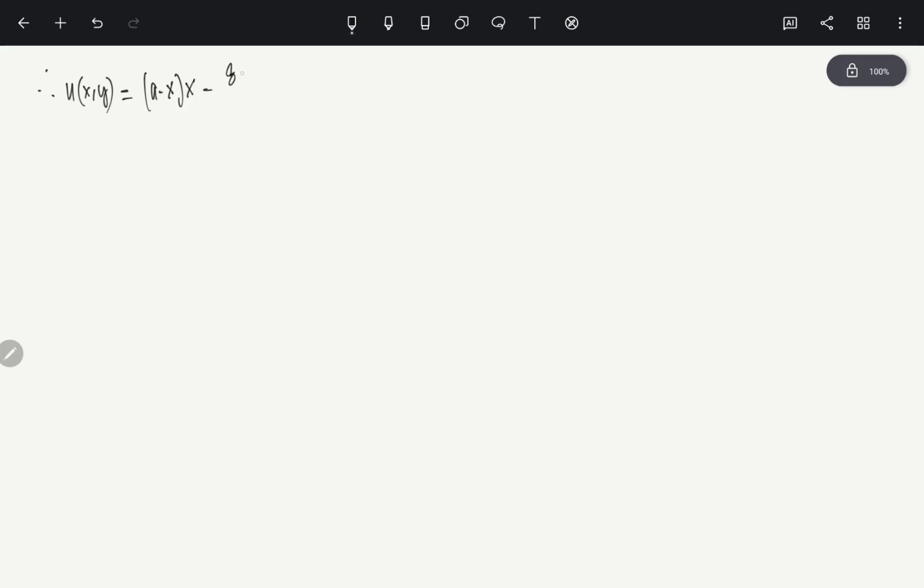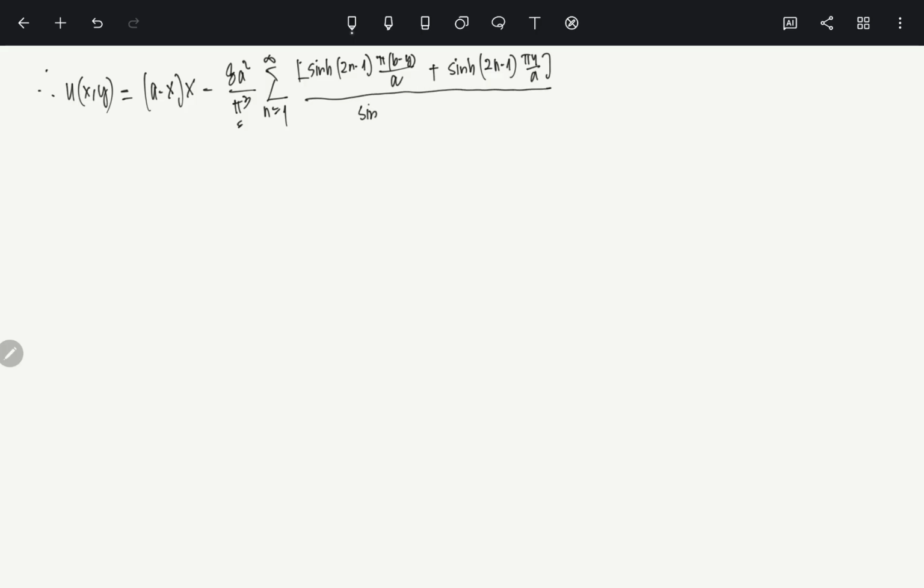Essentially it will look like 8 a square by pi cube, and then you have the sum n equals 1 to infinity of sine hyperbolic 2n minus 1 pi b minus y by a plus sine hyperbolic 2n minus 1 pi y by a, by sine hyperbolic 2n minus 1 pi b by a, times sine of 2n minus 1 pi x by a, by 2n minus 1 cube. You remember for n odd we have this, otherwise it's 0, so we have to put that part there, that is why I am writing it like 2n minus 1.